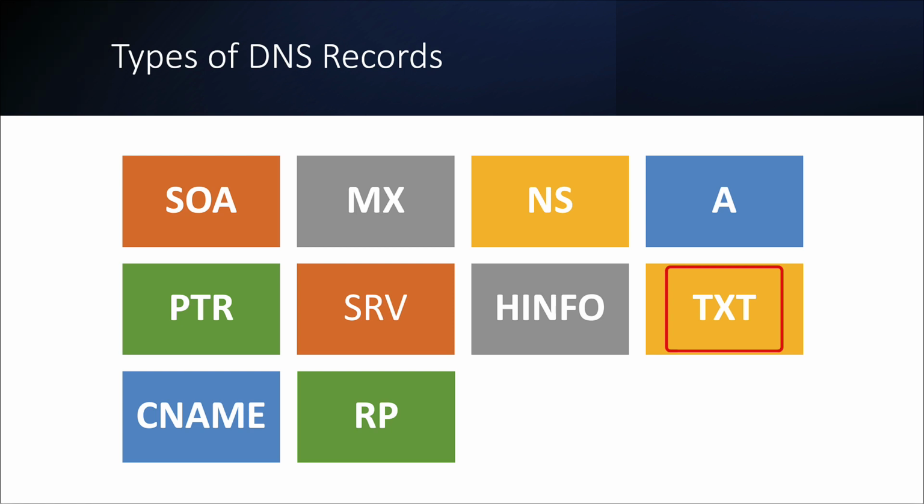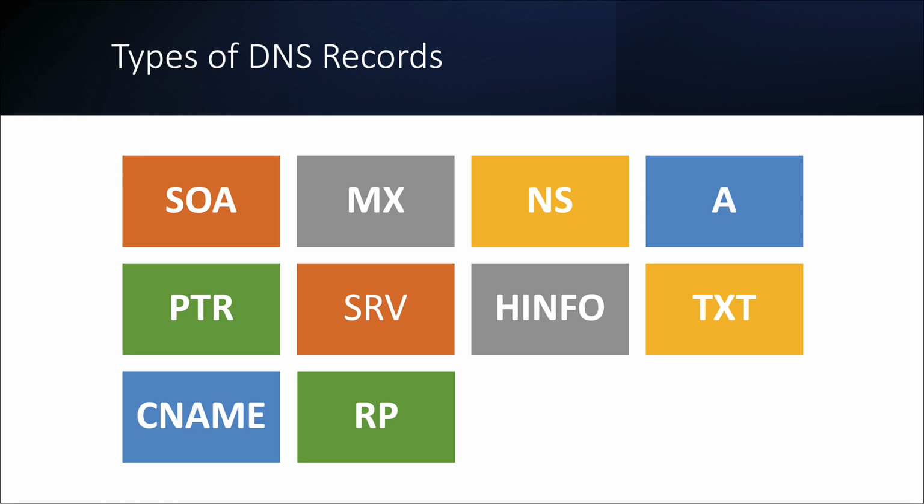So always check for this record. CNAME, or the canonical name, is basically an alias. So if a host has an alias, the CNAME might have that information. And finally, RP is the responsible person for the domain. And again, most likely we will not find any information in there.